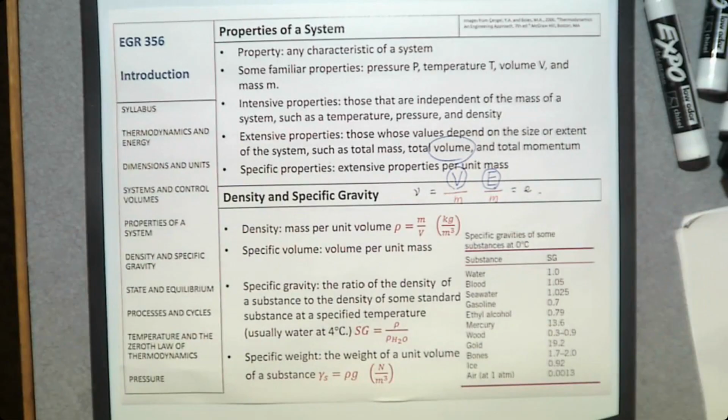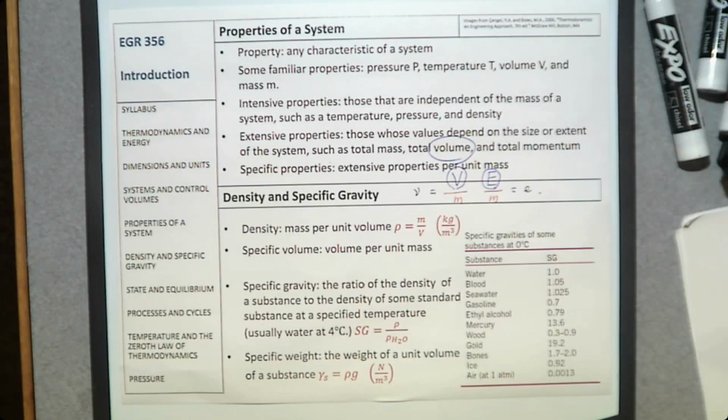So when you see a lowercase v or e, that's not volume or energy. They are specific volume, specific energy. So if you want to get volume and energy, you can multiply them by mass. That will give you total energy, total volume.